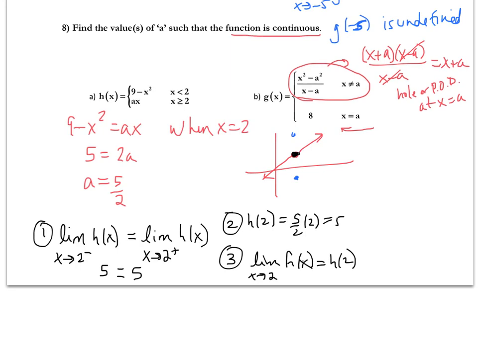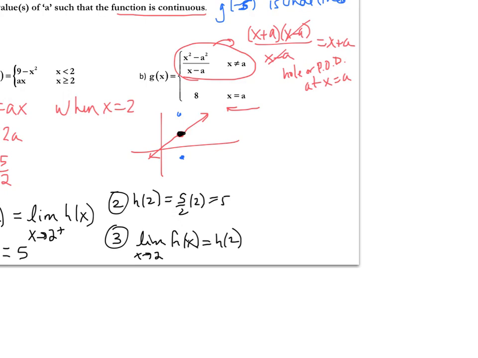So what we're essentially saying is that the limit as x approaches a of the reduced function x plus a would have to be equal to the function value at a. And the function value at a is equal to 8, and we know that because of this right here. Alright, so that's where we're at right now.